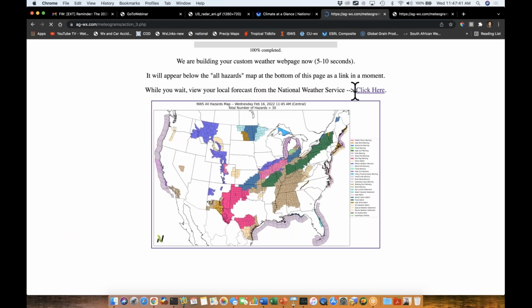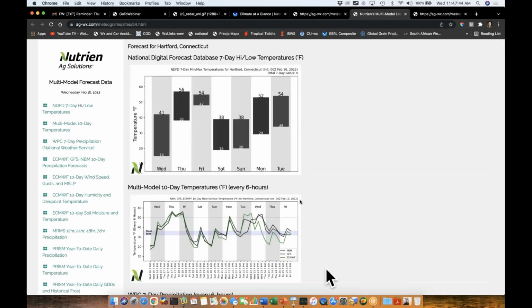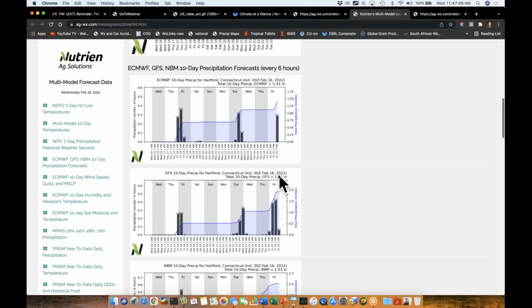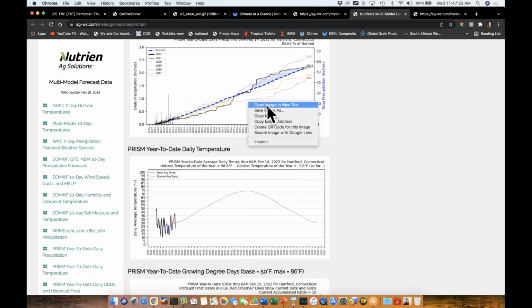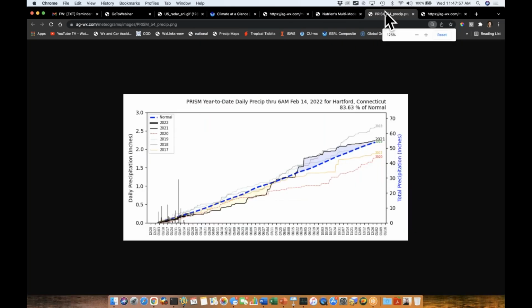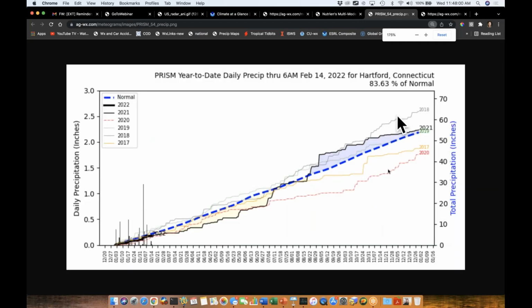Now, what I've got at this is what we call a multi-model forecast. But when you get here, go all the way down to the bottom. And what I want to show you is this. Let's just open this image in a new page, and let's blow it up. This particular graphic shows you for Hartford the last 5 years of precipitation. And what I want you to see is that your spread is large at the end of the year, between 45 and almost 70 inches.